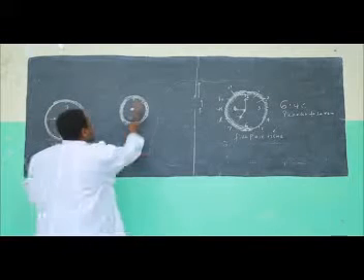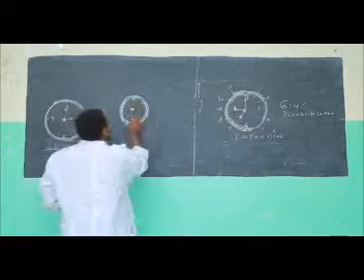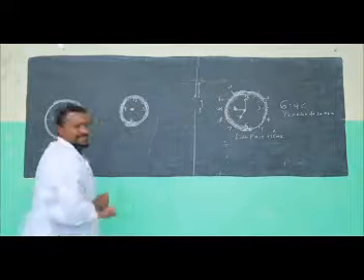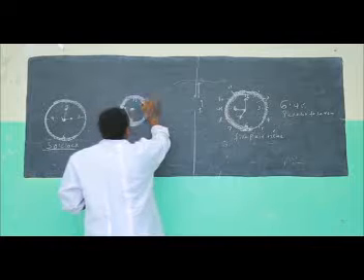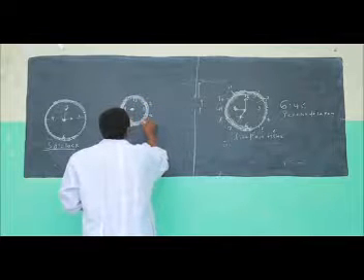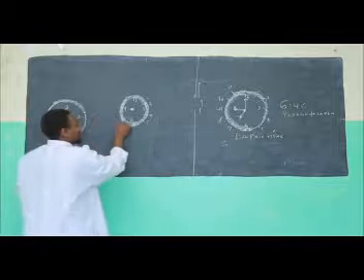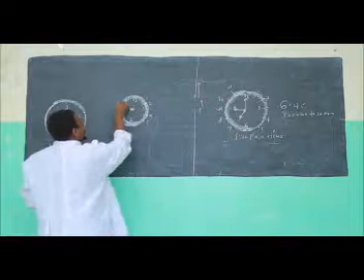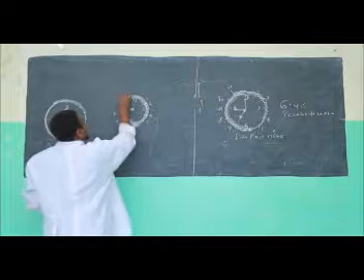So, here is 12, 6, 3, 9. The same, here there is 1, 2, 4, 5, and 6 is here, 7 here, 8 here, 9 and 10 here, and 11 here.